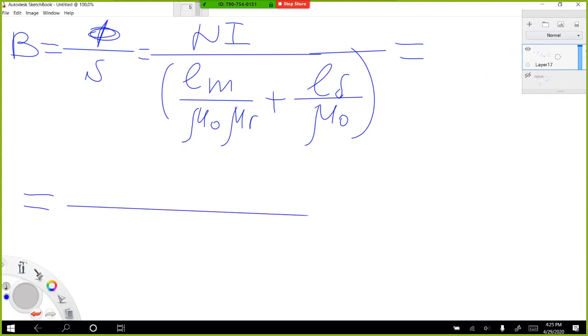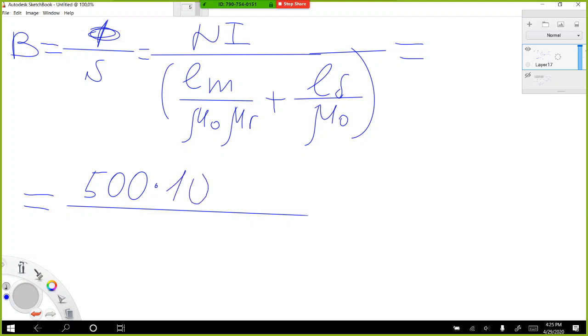this equals the number of turns, which is given as 500 turns, multiplied by the current. It is said in the problem that the coil is supplied with a sinusoidal current of amplitude 10 ampere and frequency of 60 hertz.